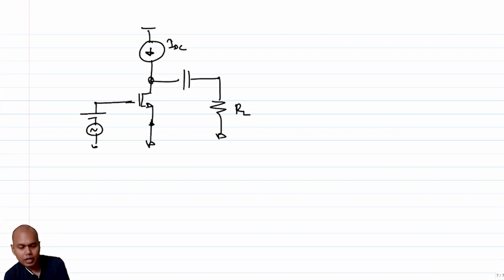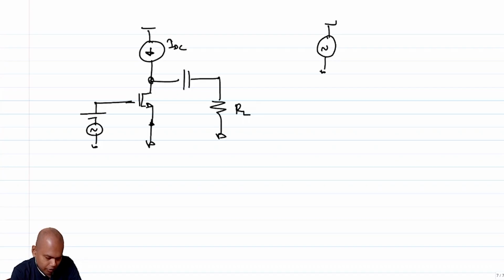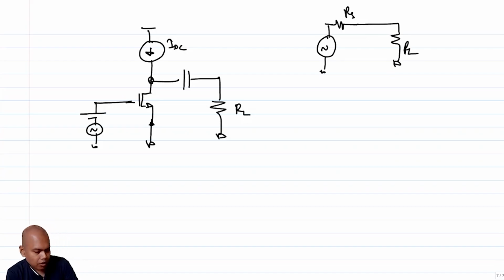Before I go there, let me ask you one question. Let's say I have a source here, and I have a source resistance RS and a load resistance RL. Let's say RS is a variable resistor.